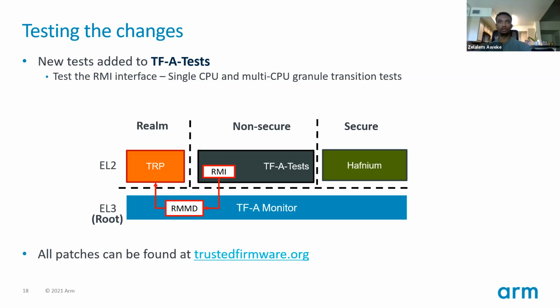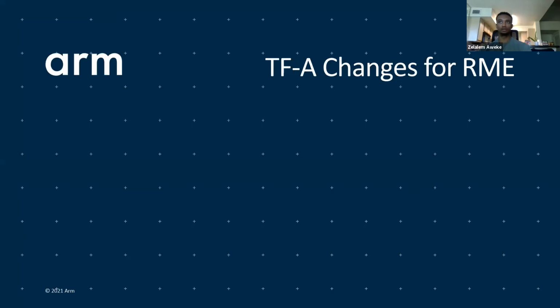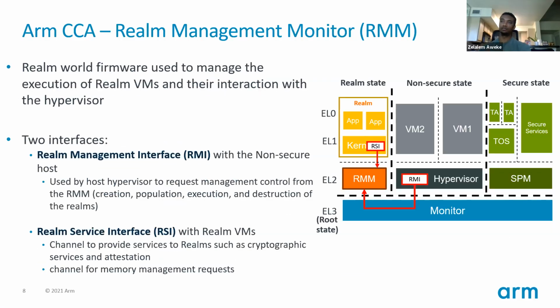I showed the diagram here. There is this RSI interface, and the new kernel needs to be aware of this interface and this service. So you need some modification in that area, but I don't think you need modifications in the applications, or at least the modifications are minimal.